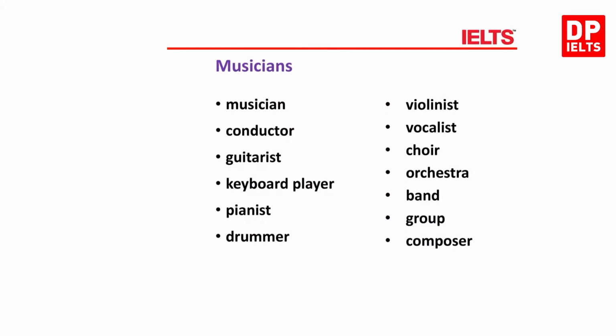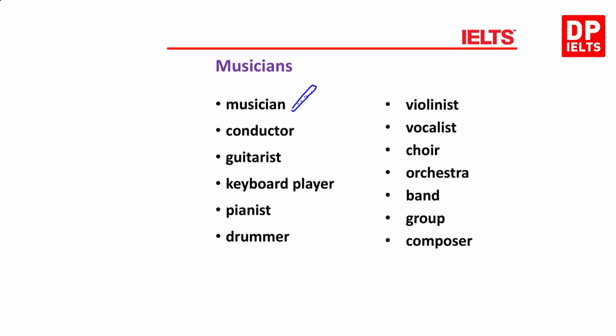Okay, let us have a look at one by one. Musician is a person who plays a musical instrument, especially as a profession, right? So he or she could be playing the flute or something, right? But they do it as a profession, so they are known as musicians. Conductor is the person who leads the orchestra. Guitarist, someone who plays the guitar.